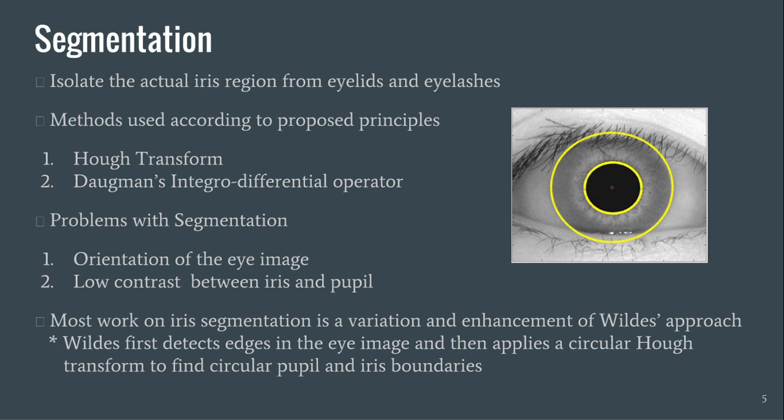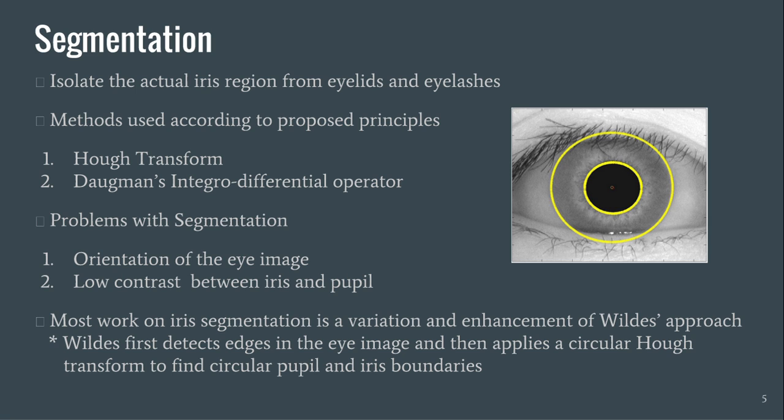The first approach presented in the algorithm for iris recognition is segmentation. Segmentation basically isolates the actual iris region from the eyelids and the eyelashes, and the methods used for this are the Hough transform and Daugman's integral differential operator, and there is a very big trade-off between these two methods.